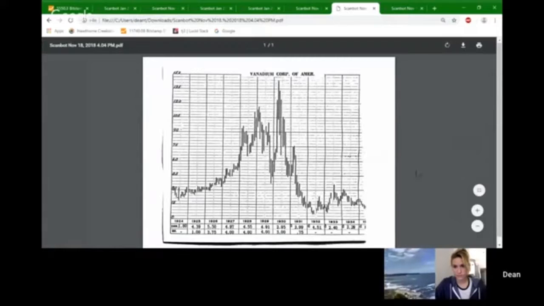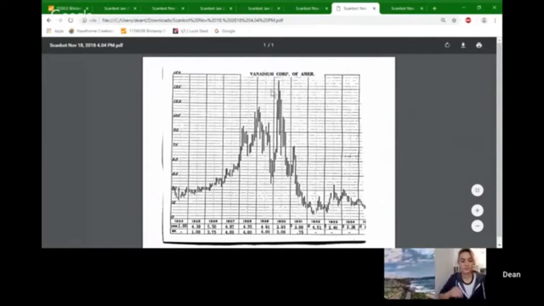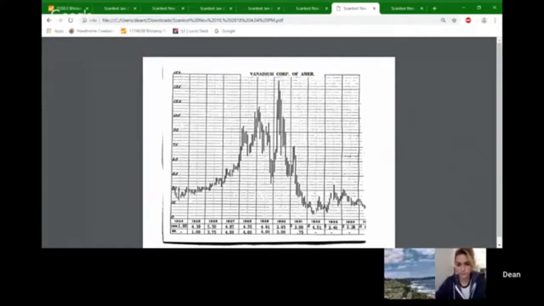This one is very strange because it's not only a very complex top, it's very difficult for me to tell exactly what happened. Vanadium is a mineral, and this is a mineral drilling and usage company. But what actually happened here is all of this looked like a phase 3, but it broke.